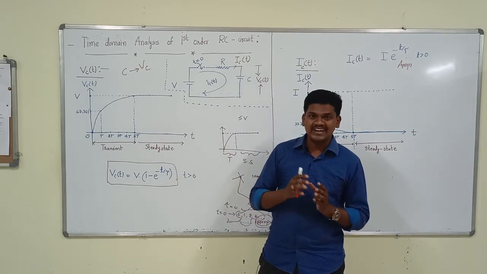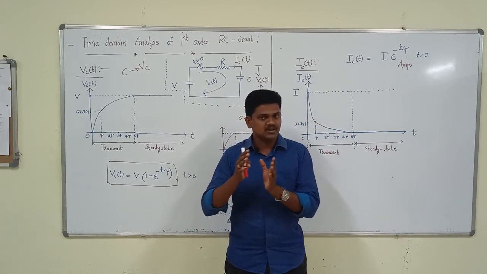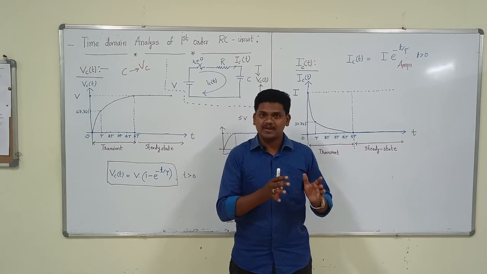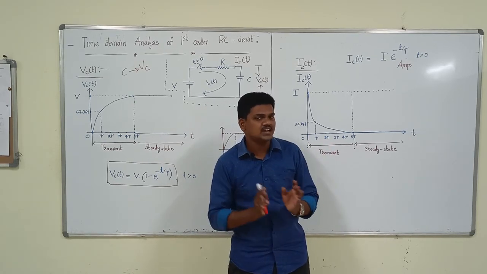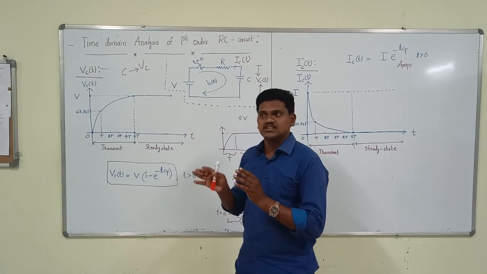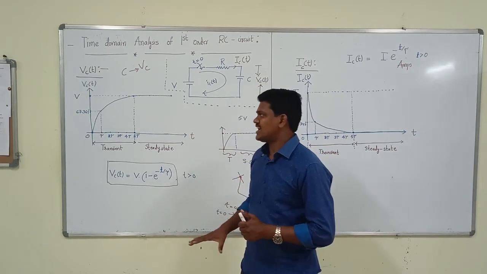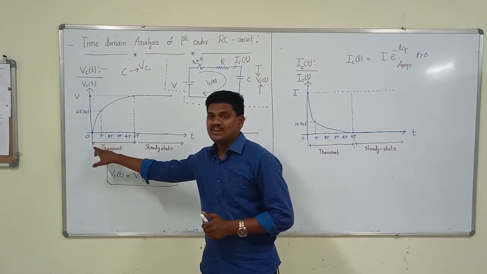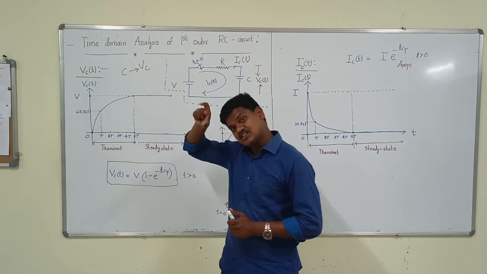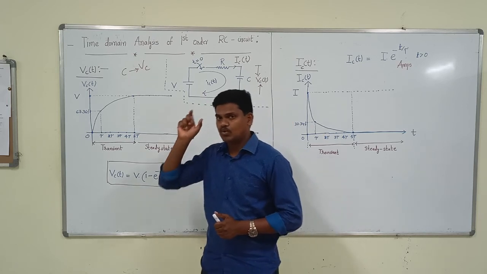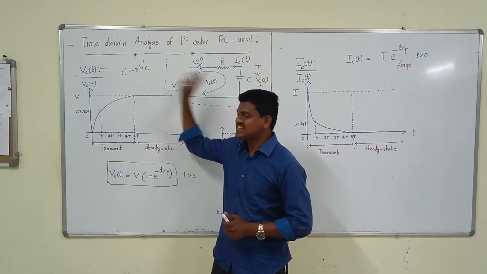But in the case of an inductor or capacitor, we have separate transient analysis and separate steady state analysis. In transient analysis, the voltage across the capacitor increases exponentially. In the case of an inductor, the current through the inductor increases exponentially.